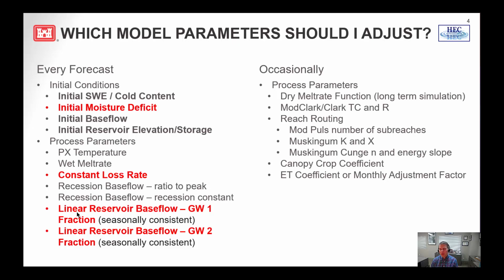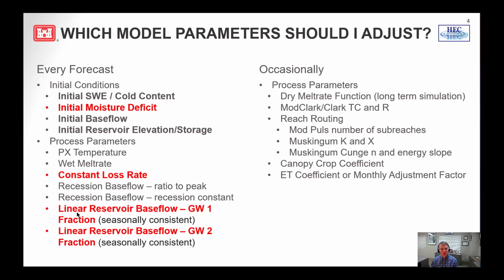So if you're within a typical season, out west, here we have a rainy season from October through March, and I would expect that that groundwater fraction is somewhat consistent during that period. Once the watershed has reached a saturated state, then those fractions are going to be consistent during that period. So those are parameters that I would recommend that you adjust every time you're doing a calibration.